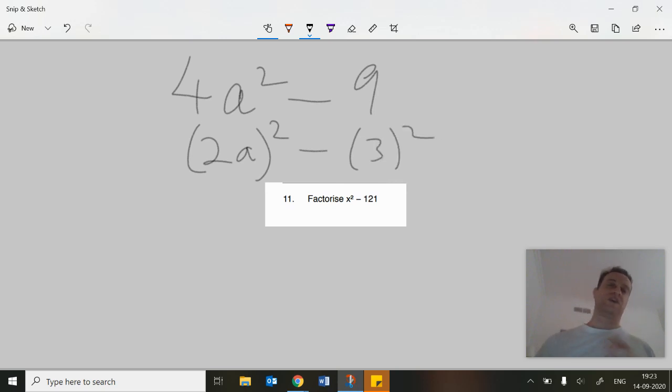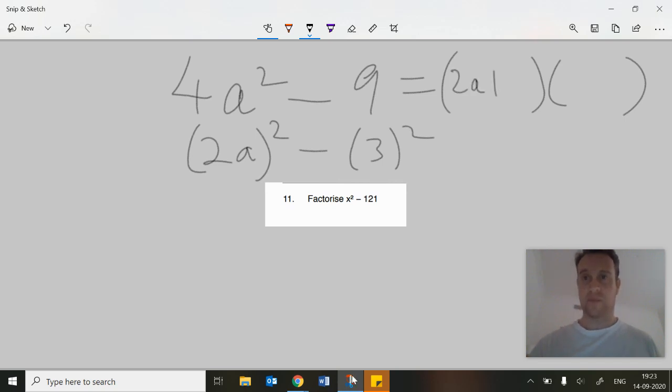Those are the two squares we need to identify. So now we can replace our a plus b and a minus b, either way round. 2a plus 3, then 2a minus 3. That's just the things inside the brackets.